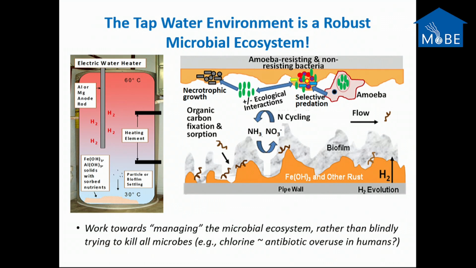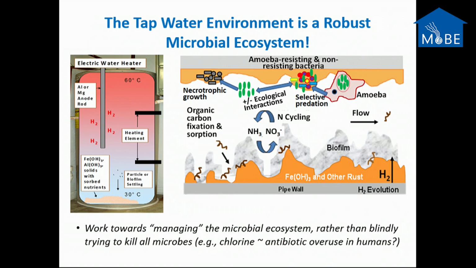It's an oligotrophic, low-nutrient environment, but there's high flow, and there's scavenging of nitrogen and organic carbon. You've got corrosion that produces hydrogen, and that's an electron donor for microbes. And even in a water heater, you've got a gradient of temperature, and you also have corrosion and hydrogen.